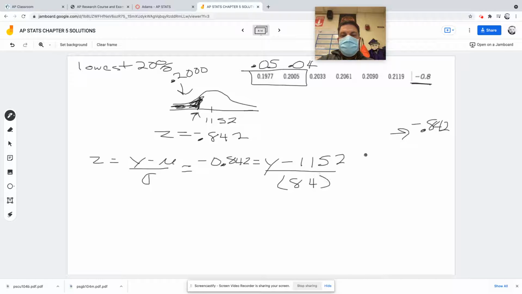Again, I'm going to hit the left and right with 84. This whole thing gets multiplied by 84. On the right-hand side, I get y minus 1152. On my calculator, I'm going to multiply 84 times negative 0.842. That yields negative 70.728.